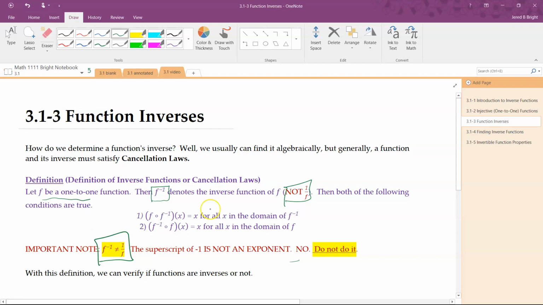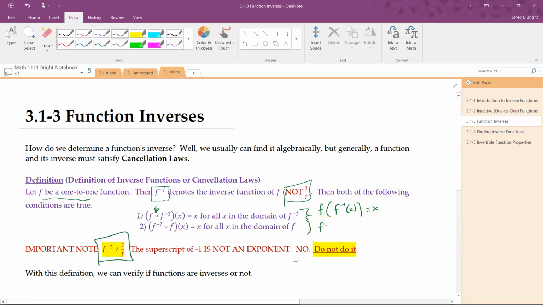Anyway, for the inverse function, we have to satisfy these two cancellation laws. f of f inverse of x is equal to x, and f inverse of f of x is equal to x. If you remember what composition means, this just means that into the f function you insert f inverse, and when you do that composition you get x.